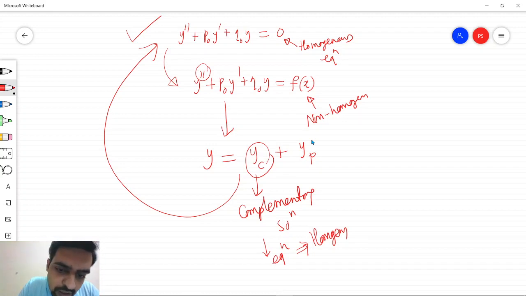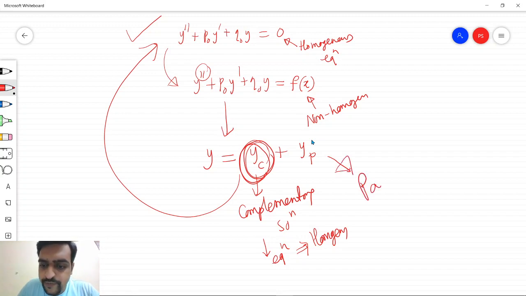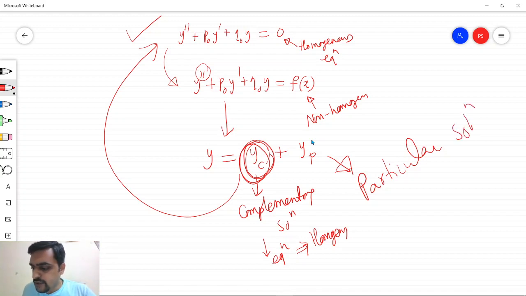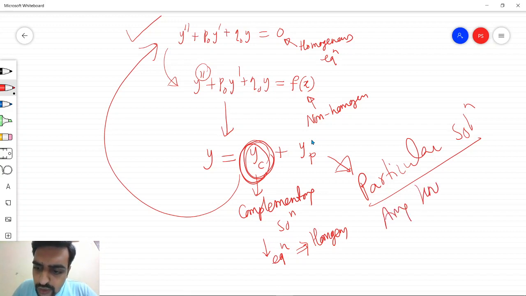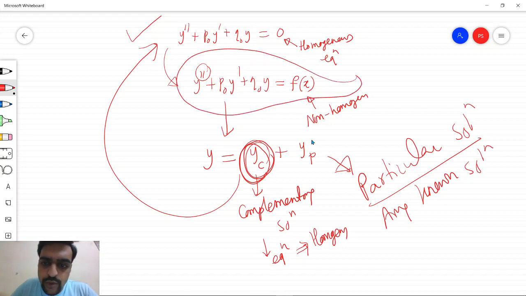So yc can always be solved by using the techniques learned in the previous lecture. Now this yp is called the particular solution. It is any known solution of this non-homogeneous equation.